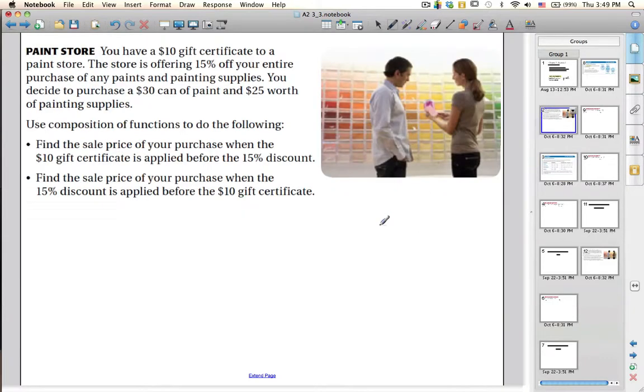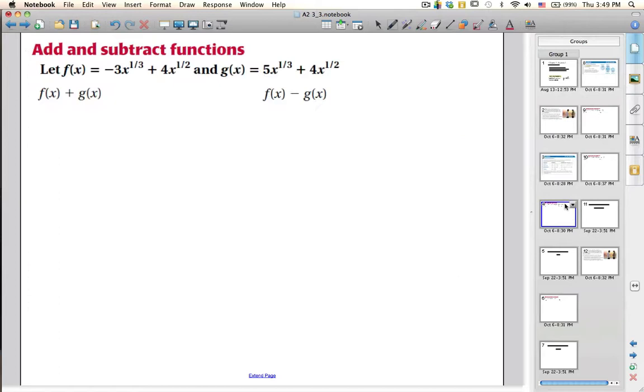So if we look at some examples of this, if I want to add functions, I've got an f function and a g function, and if I want to add the two functions together, I'm going to take the f function. That's the f function. And I'm going to add to it the g function. I'm keeping parentheses.